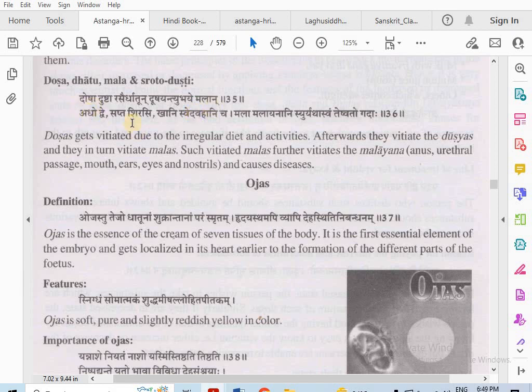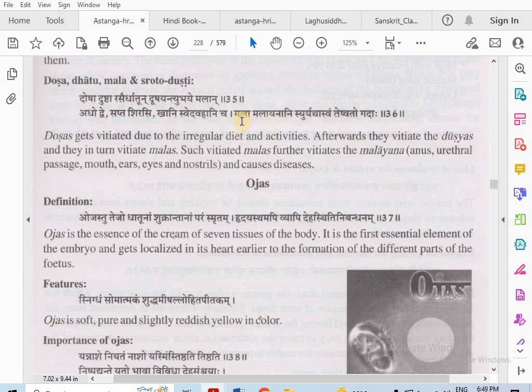Then skip this line of 36th sloka, we'll understand later. Malayanani. Once the malas get vitiated, that will spoil the Malayanani. Malayanani is like phalam, phale, phalani. The actual word is Malayana, Prathama Vibhakti Bahuvachan. So here this is Dvitiya Bahuvachan because it is the object. Malas are the subject, spoiling is the action, and Malayanani is the object.